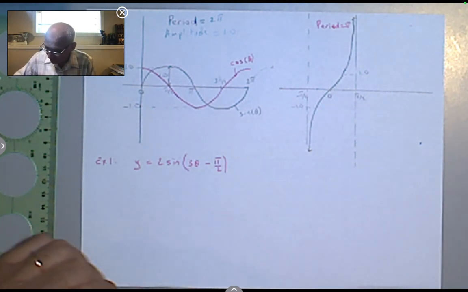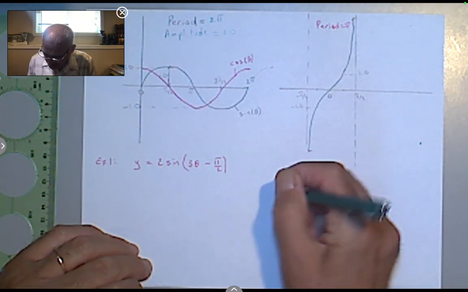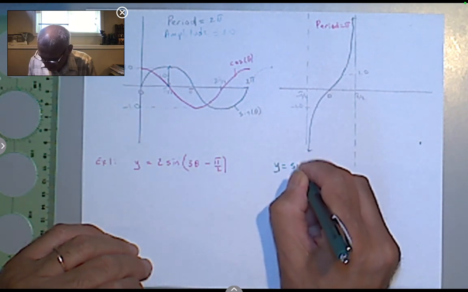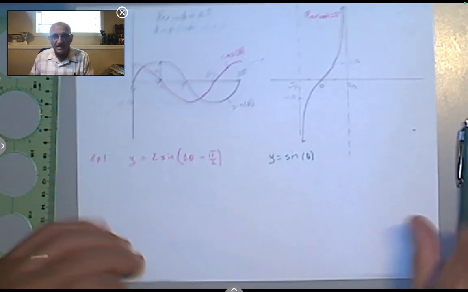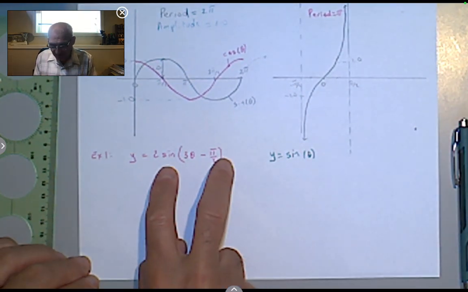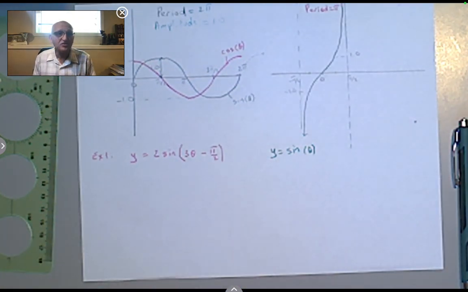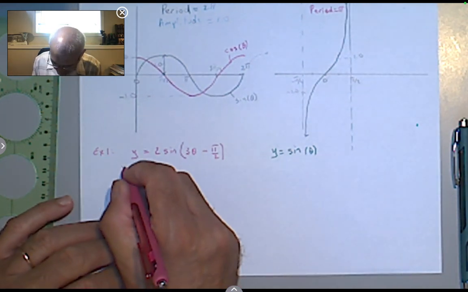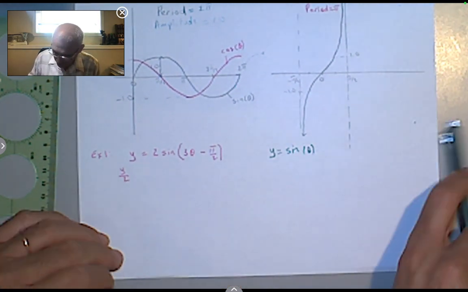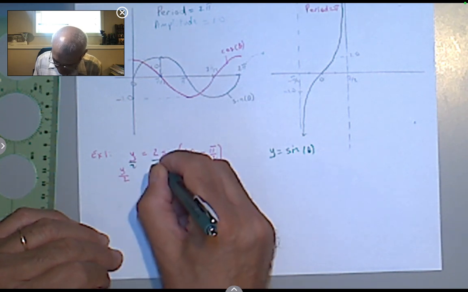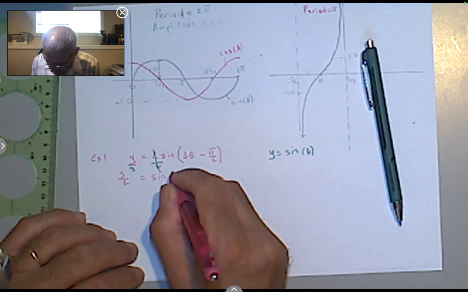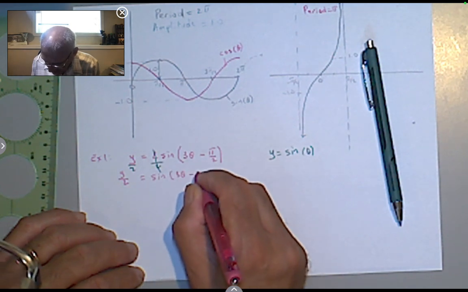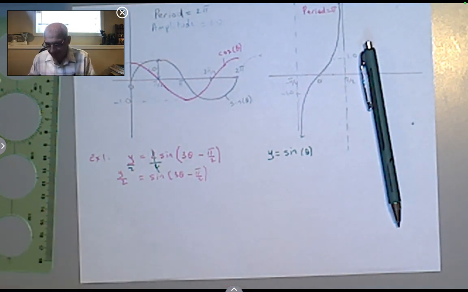Notice that the parent function is y equals sine theta. So I only have sine of something on the right, which is this piece. All I have to do here is divide by 2. So y over 2, dividing both sides by 2, gives me sine of 3 theta minus pi/2.